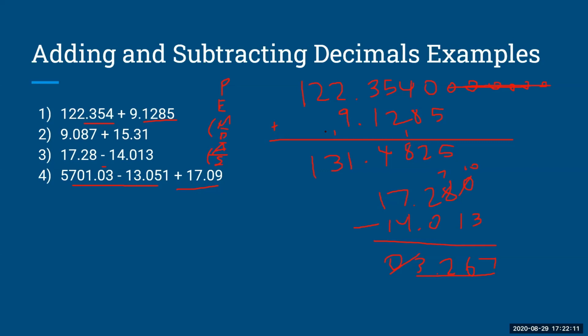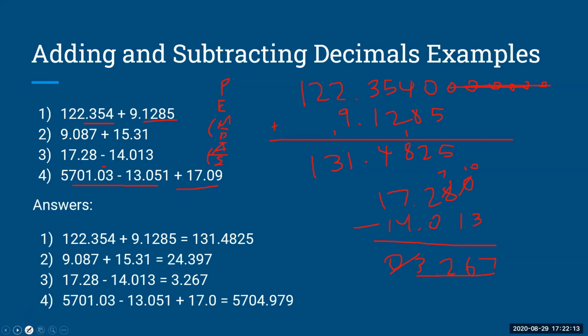All right, let's move on. I think we're good. So you go. This should be a 5. Oh, I didn't put the 9 here. Okay, this is wrong. 5705.069. Did I do these wrong?